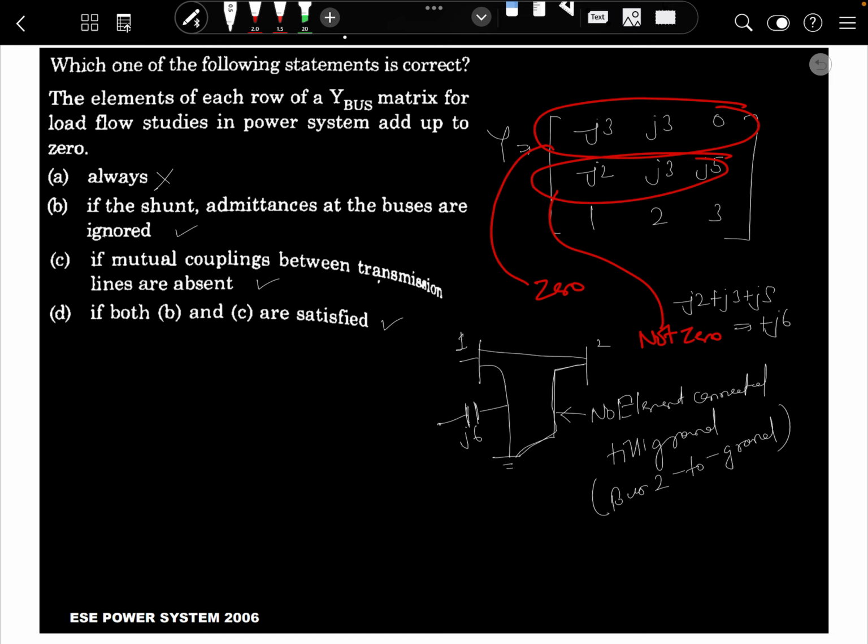Here there is one capacitor present from bus 1 to ground, that's why the summation is not getting 0. I hope you understand. Option D is correct here.